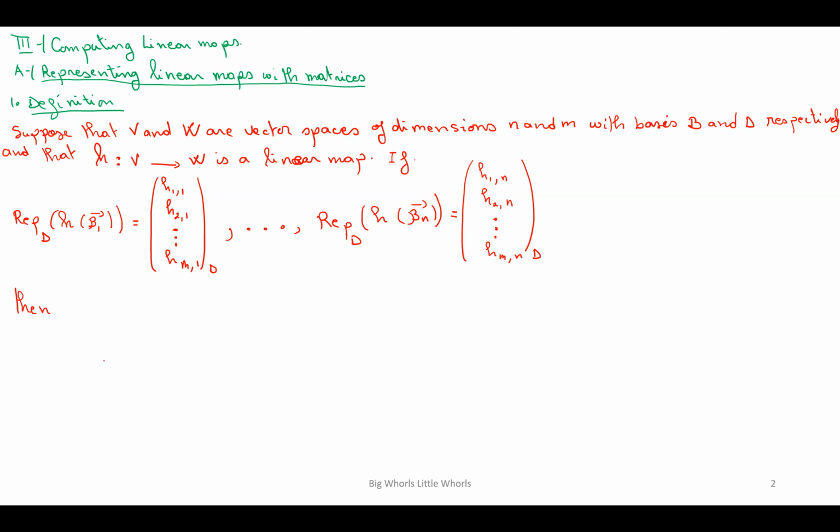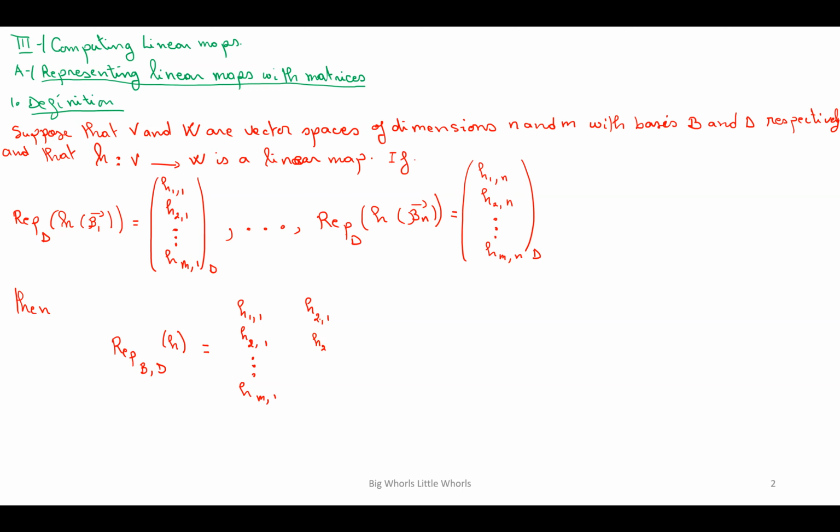The representation with respect to B, D, the domain basis and the codomain basis, of the linear map is the matrix with first column h11, h21, ..., hm1, so we just concatenate all these representations together.